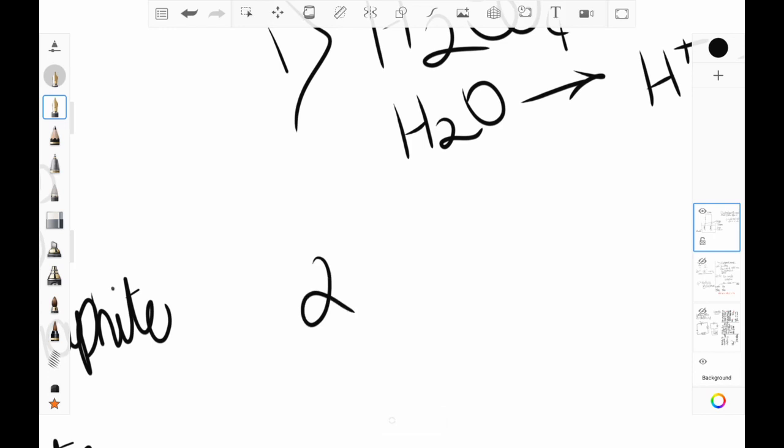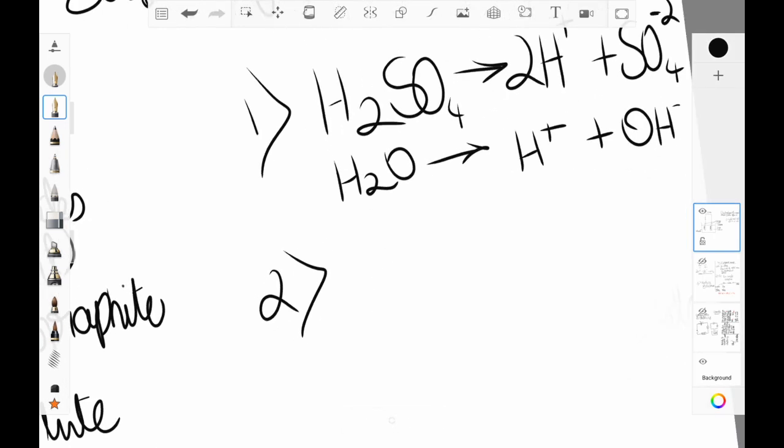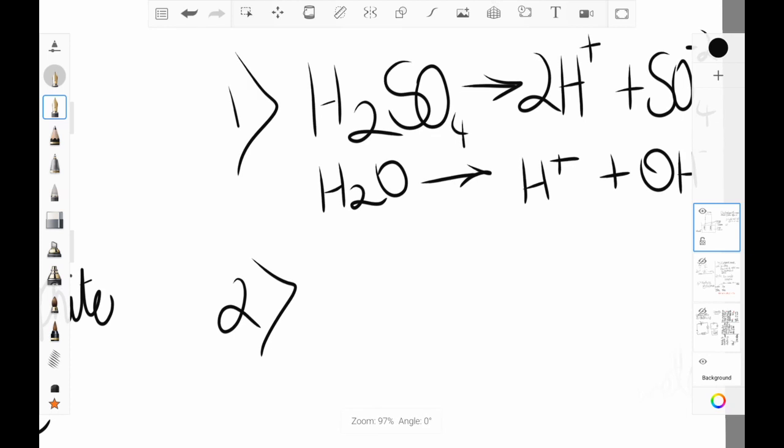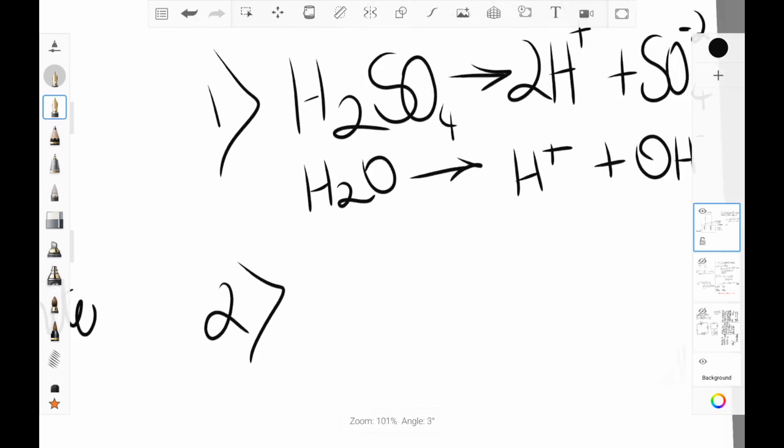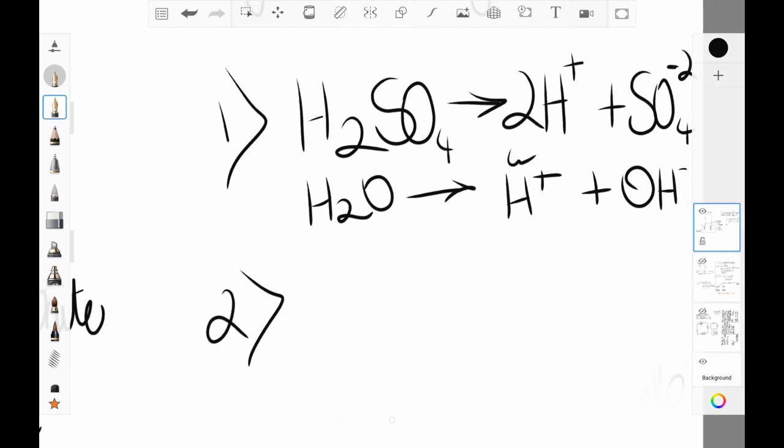For migration, you'll notice that at the cathode, only hydrogen ions will be there, because when it comes to the cations, the only cations are hydrogen ions.